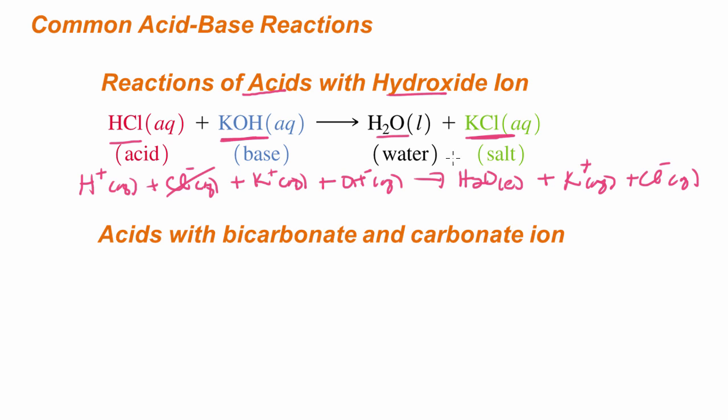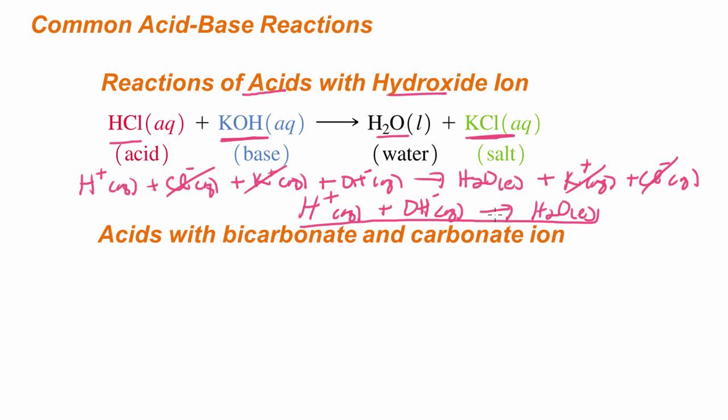Let's write our net ionic equation. Look here, the potassium and chloride ions cancel, and for our net ionic equation we end up with hydrogen ion plus hydroxide ion to give liquid water. So for any strong acid, strong base reaction, this will always be your net ionic equation.